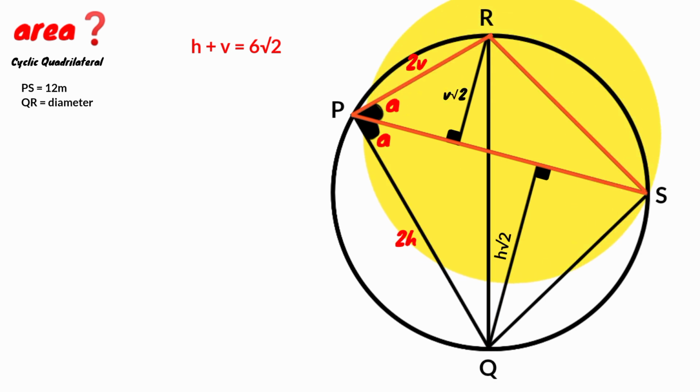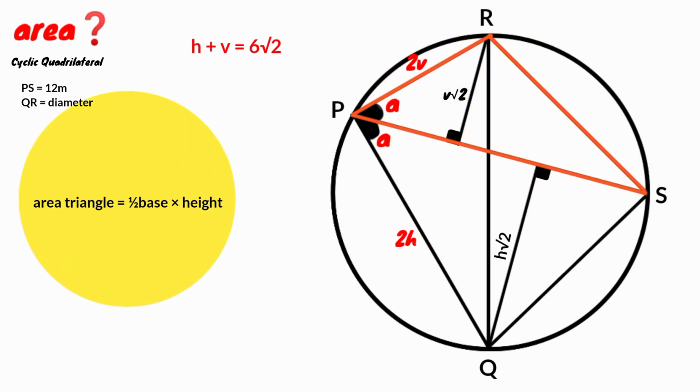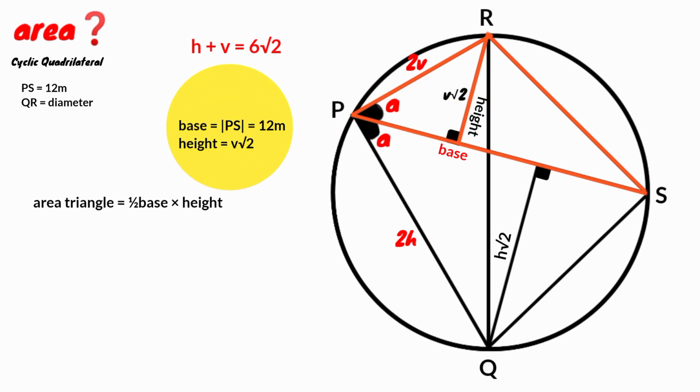Come to this triangle PRS. To calculate its area, the formula is 1/2 base times height. If we take this as the base, this must be the height. So base equals line PS, which equals 12 meters, and height equals v root 2.